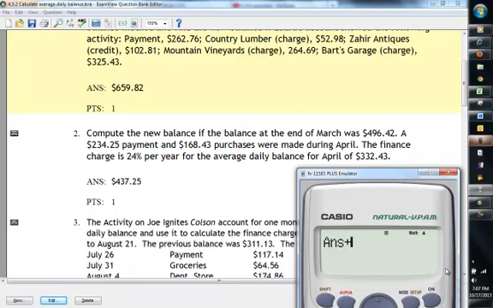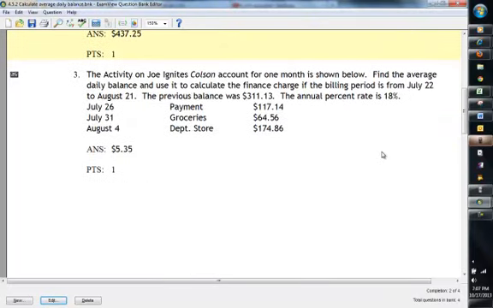To that, add the previous month's balance, $496.42, and the $168.43, and make sure you subtract the $234.25. That was the payment, and her total is $437.25.